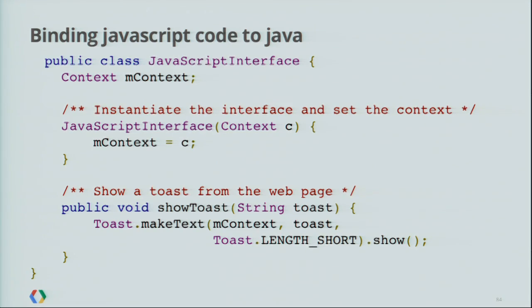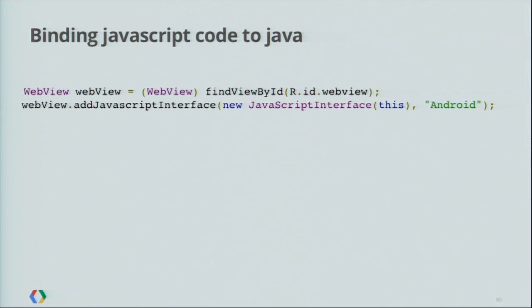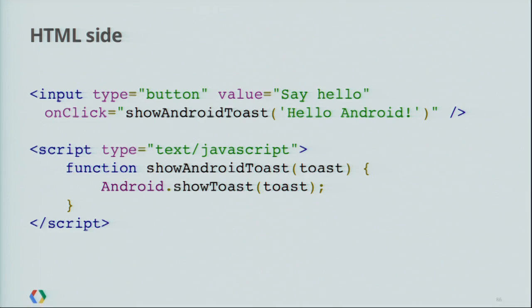How do you bind that? It's very, very simple. You just create an instance of that class, give it a name. So here that's Android. Add it to the WebView. And from then on, if you call Android.showToast in JavaScript in your WebView, that's actually going to take that bridge and execute the Dalvik code.